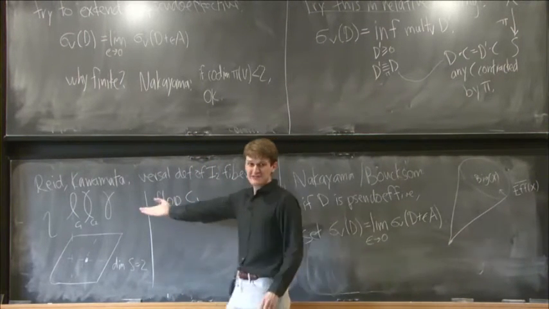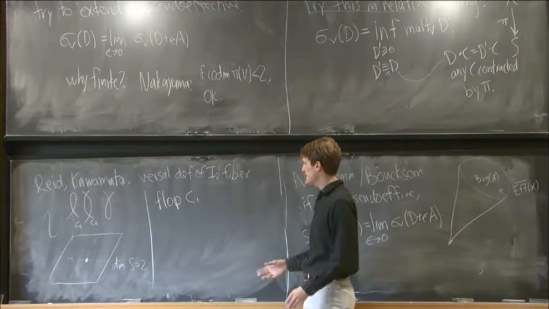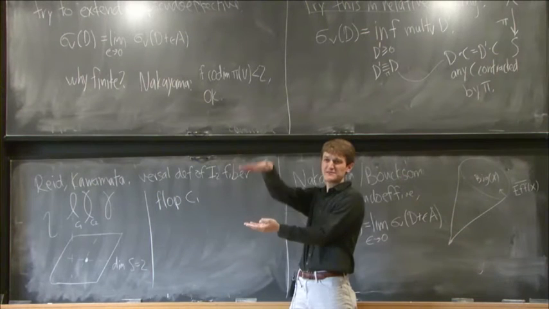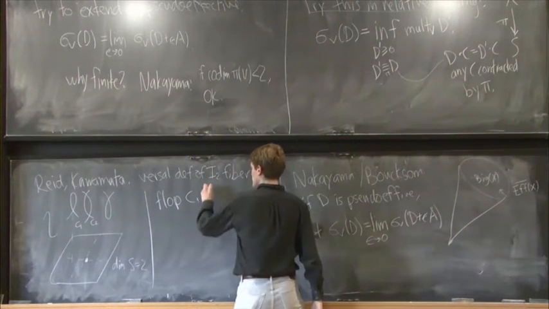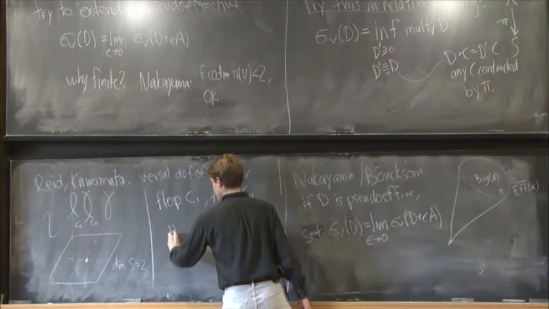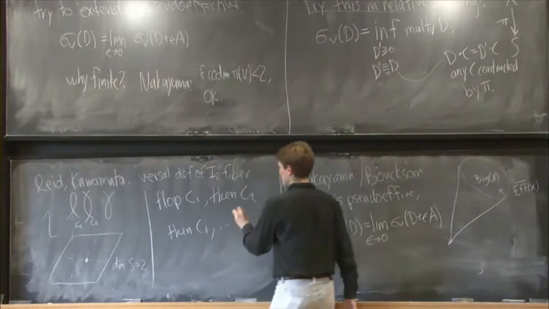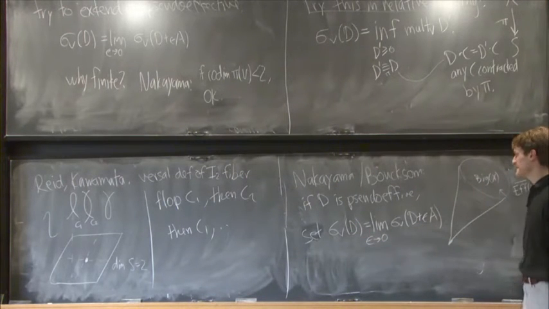And C2, similarly, is a rational curve with normal bundle (-1,-1). So you can flop C2. Again, flop C1, I just mean you blow up this rational curve, you get a P1 times P1, and you blow down the other ruling. So you can flop C1, then you flop C2, then you can flop C1 again, and you get an infinite sequence of flops like this, where you keep flopping the same two curves again and again.